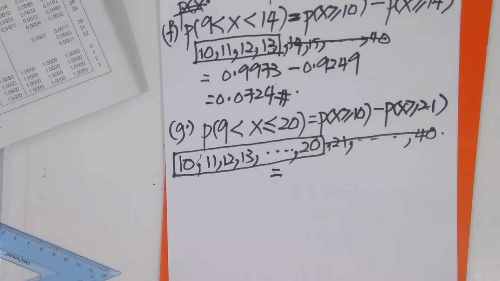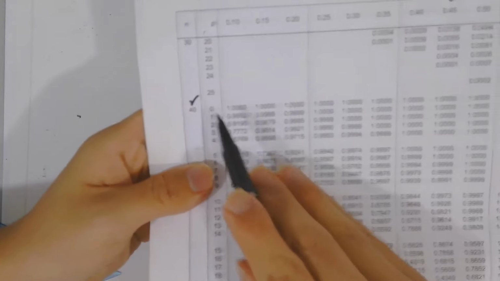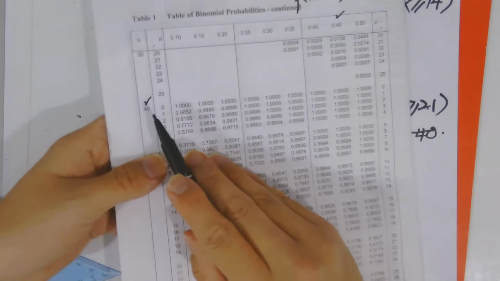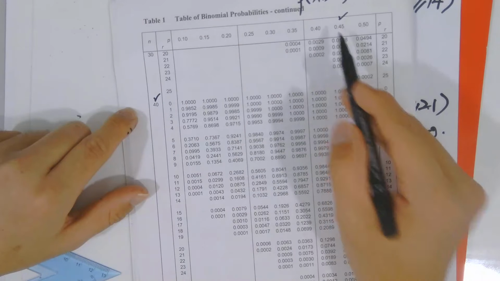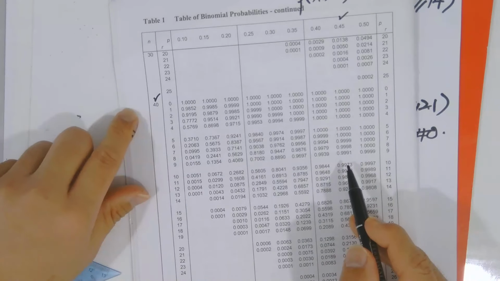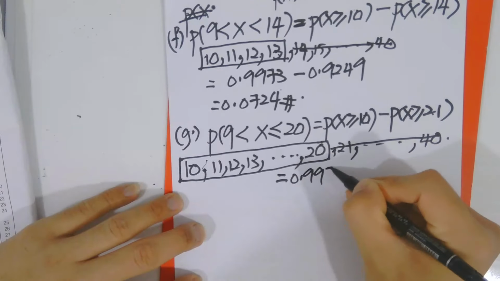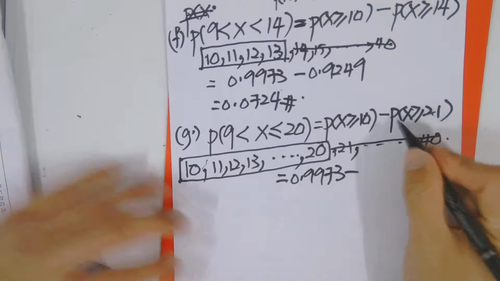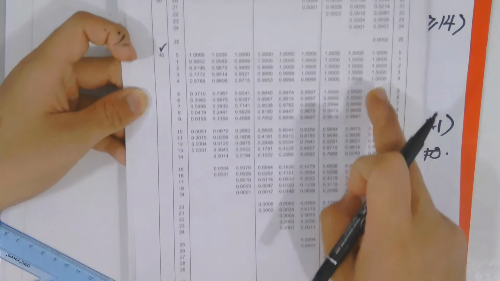So okay, again using the statistical table, 40, 0.45, and then 10. Where is 10? 0.9973. Then 21. I repeat for you: 40, 0.45, 21.